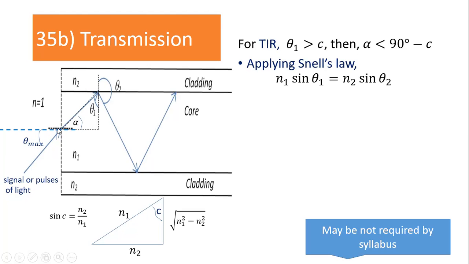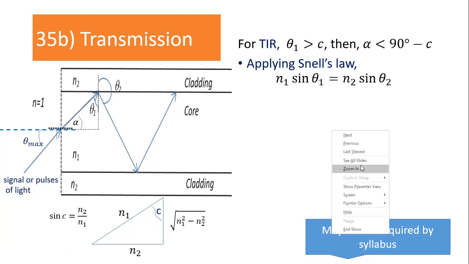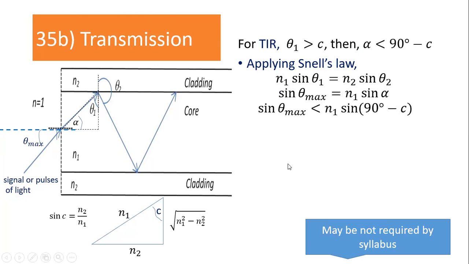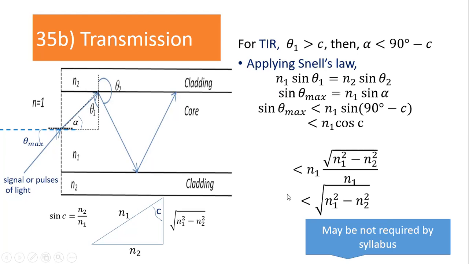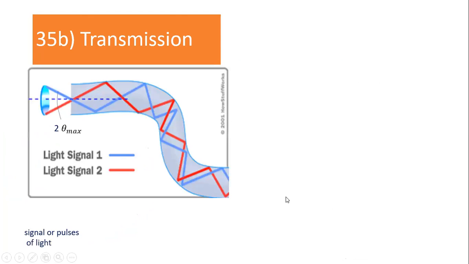If the angle of incidence is greater than the maximum angle, total internal reflection will not occur here. That's all you need to know. I don't want to go into the math involved. It's too complicated and not in your syllabus.